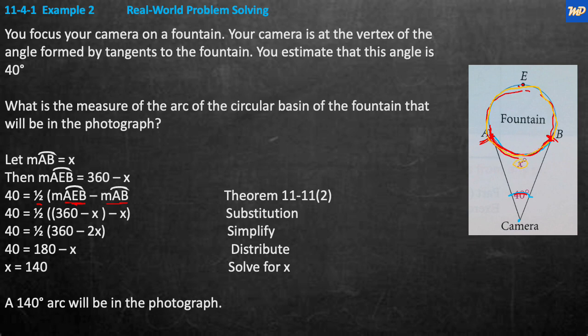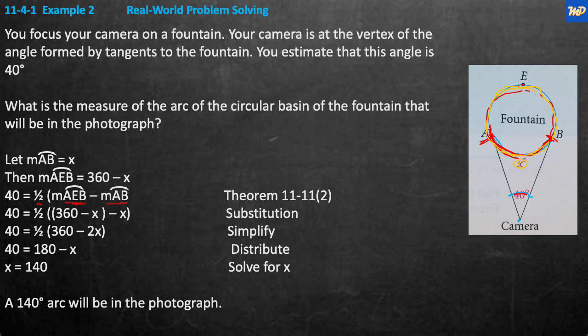That's what this piece is. But in order to get the 40 degrees, we have to take the outer piece and subtract the inner piece. The outer piece minus the inner piece. Well, the first mathematics we did was to determine what the outer piece was, and the outer piece is 360 minus the inner piece. Now we have AEB, and then we subtracted x.